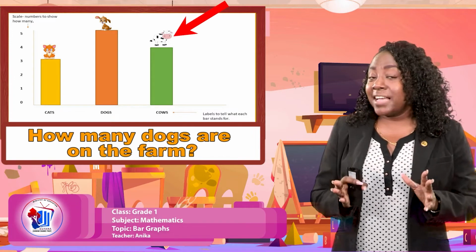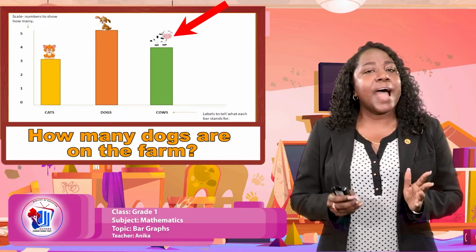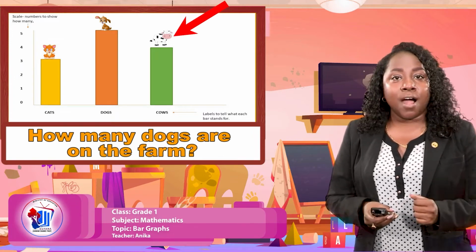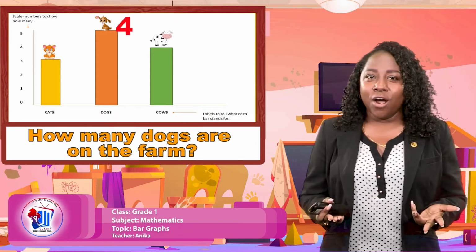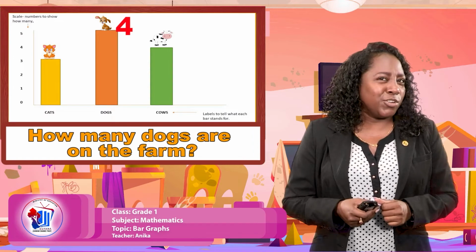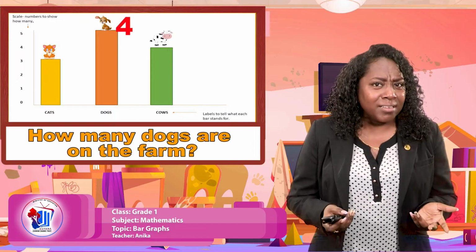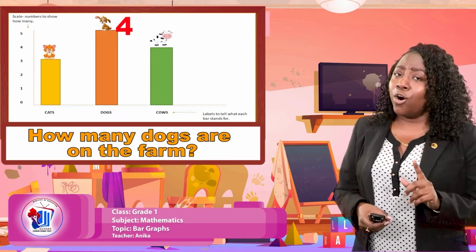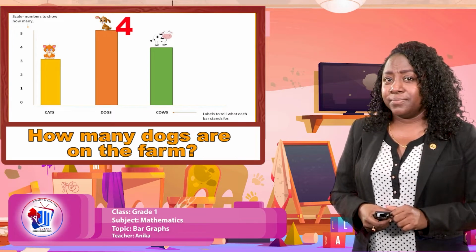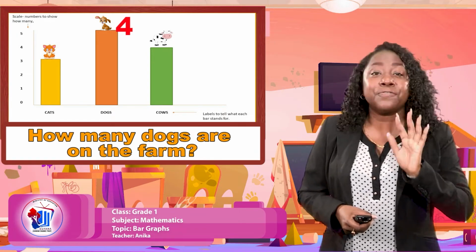Okay, I'll ask you one more time. How many dogs are on the farm? 4. I don't think 4 is quite correct. Are you sure? Let's check again. How many dogs are on the farm? I heard someone said 5.